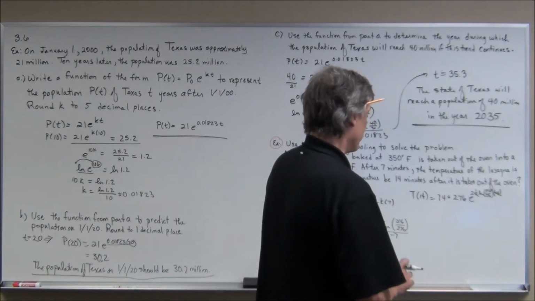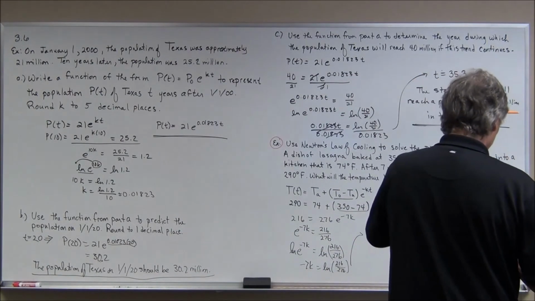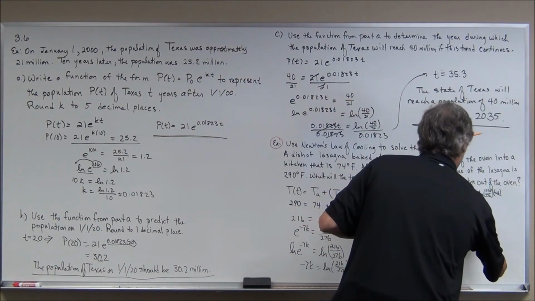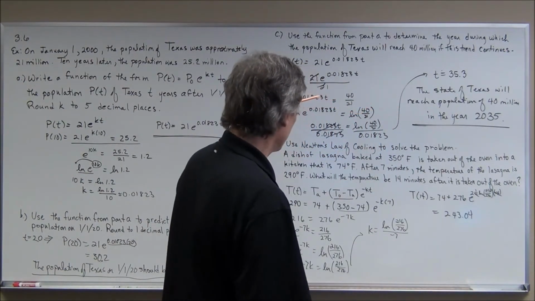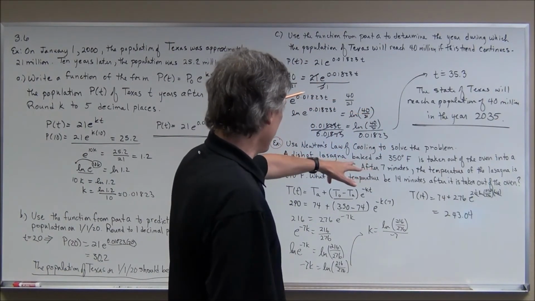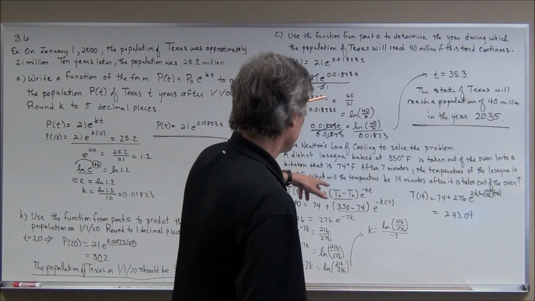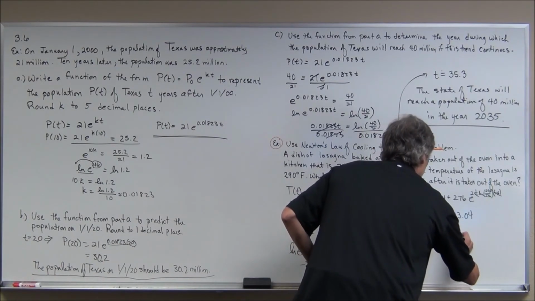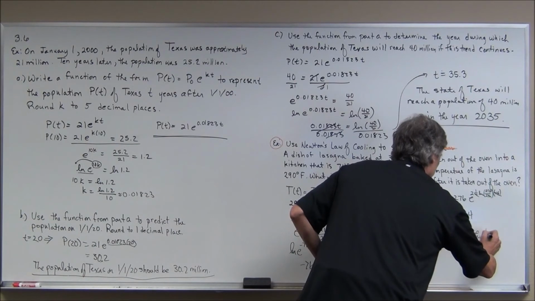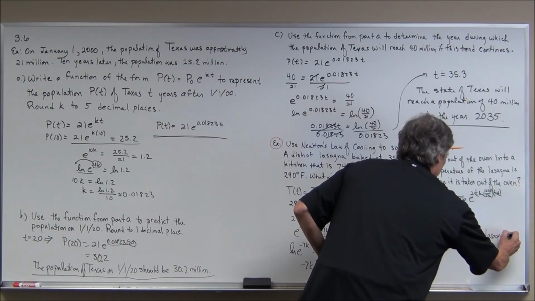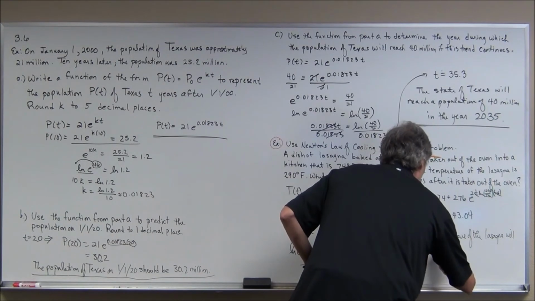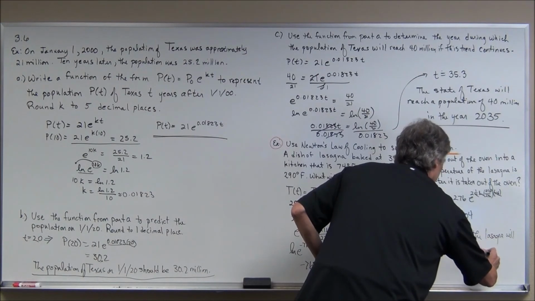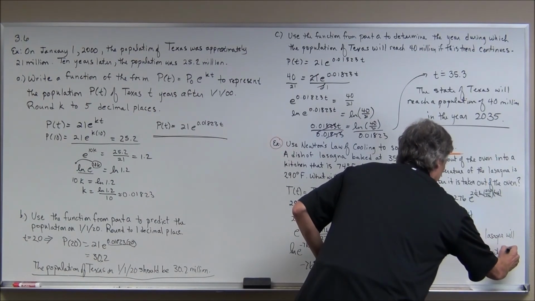And now it's time to grab my calculator. And if I do this, this turns out to be 243.04. So since it's so close to 243 and it didn't give us a value to approximate to in the directions, I'm going to say that the temperature of the lasagna will be 243 degrees Fahrenheit after 14 minutes out of the oven.